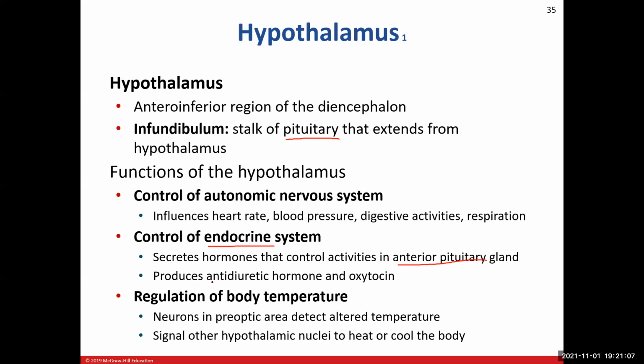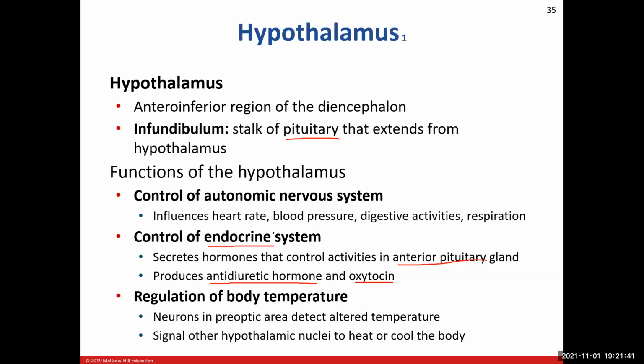You'll see it more in chapter 17, but the hypothalamus makes antidiuretic hormone and oxytocin. It ships them off to the posterior pituitary gland and stores them there, and then it'll trigger the posterior pituitary gland to release those hormones. So the posterior pituitary does not, I repeat, does not make antidiuretic hormone or oxytocin. The hypothalamus does.